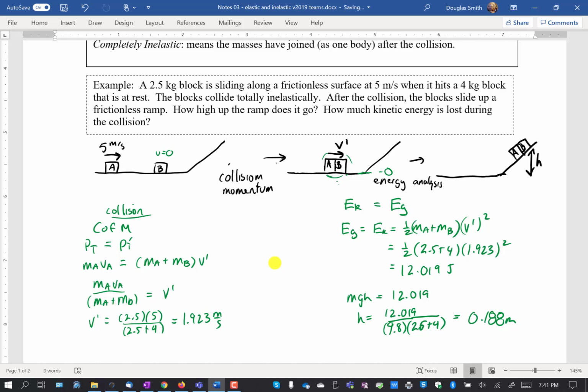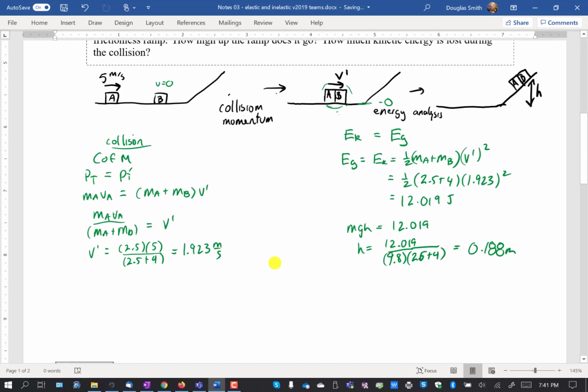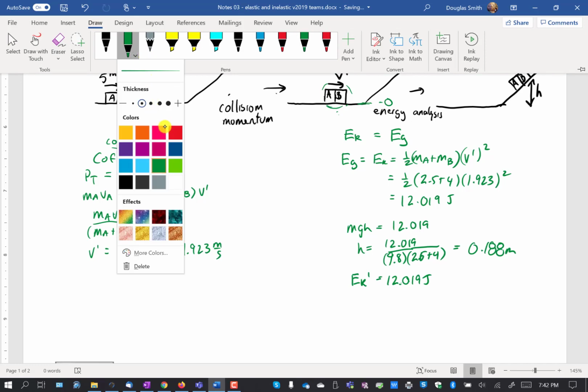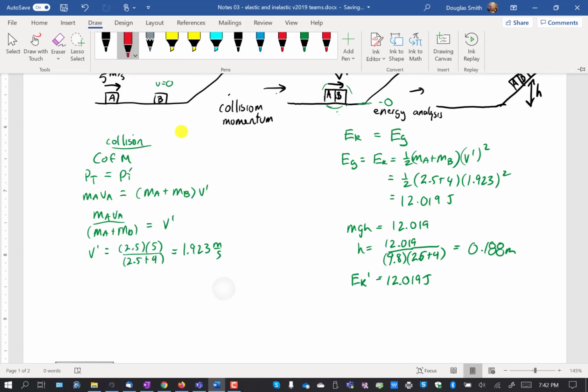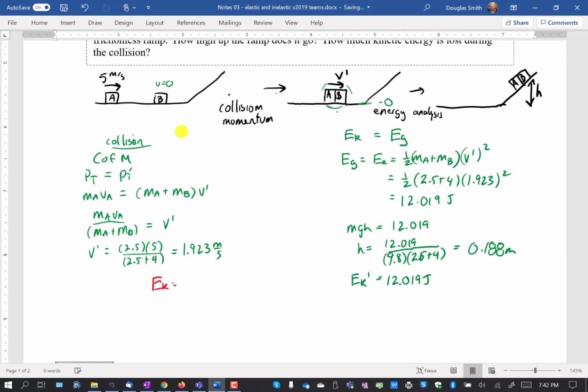And how much kinetic energy is lost during the collision? Well, that's a good question. We know the kinetic energy after the collision is this 12.019 joules. Let's find out how much kinetic energy there was before the collision. So EK. There's no EKB, it was not moving, so we only have to figure out the kinetic energy of mass A. So that's 1/2 MA VA squared.